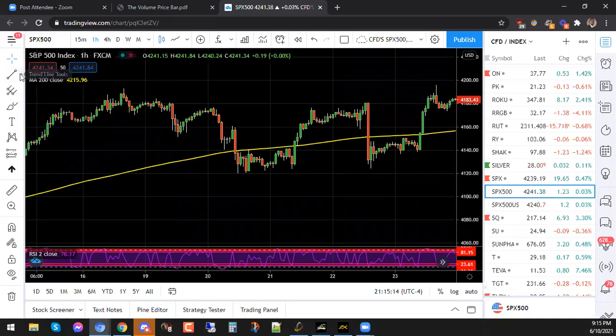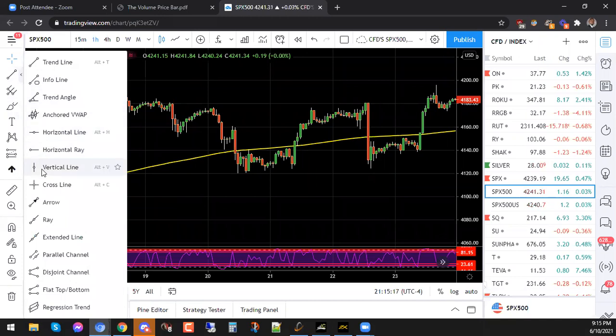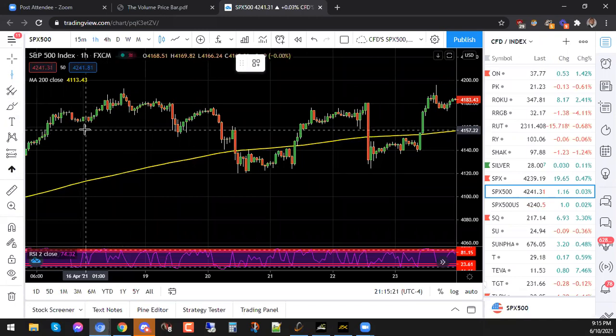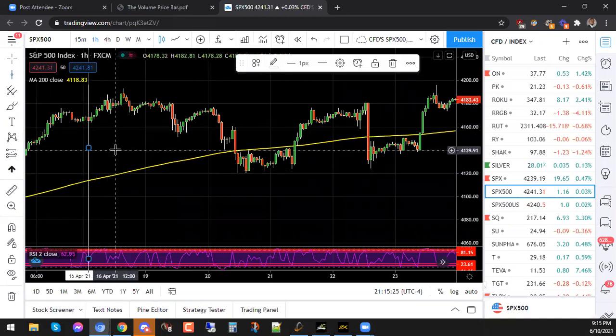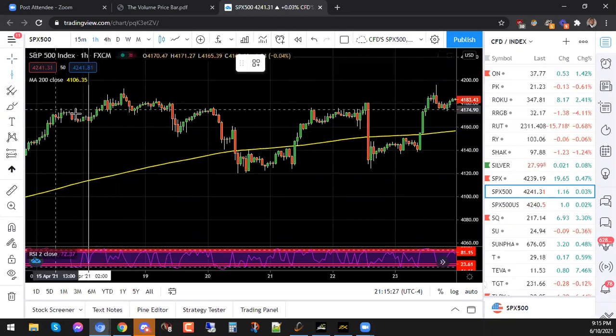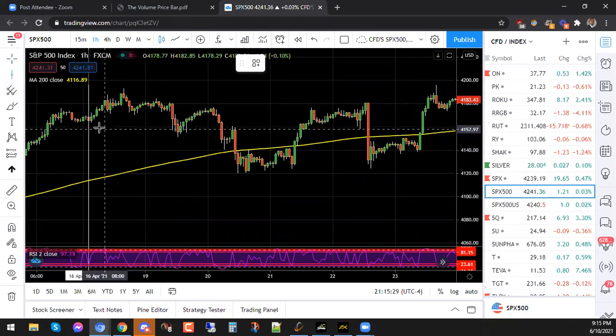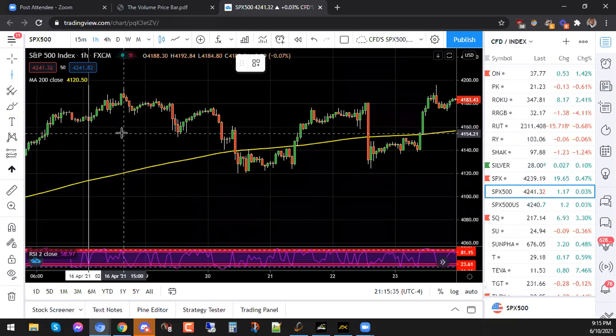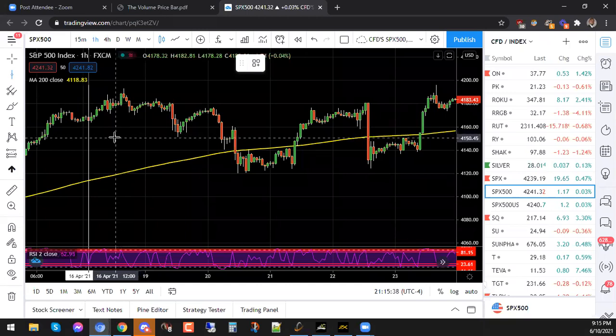So let me just try to place a line to mark the start of the European session. Generally around 2 a.m. And I will generally stop trading around, let's see here, around 12 or so.